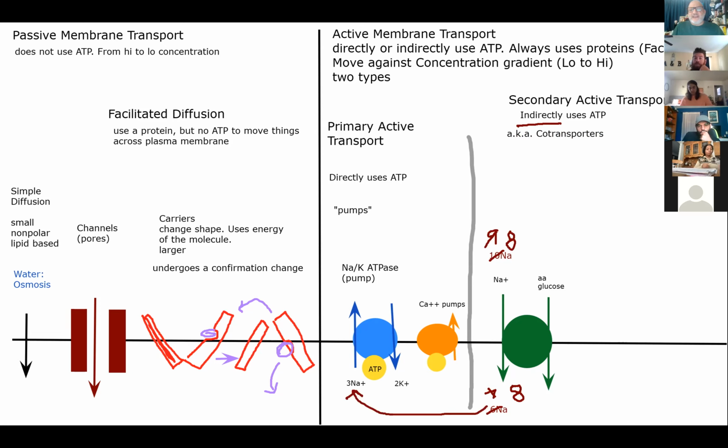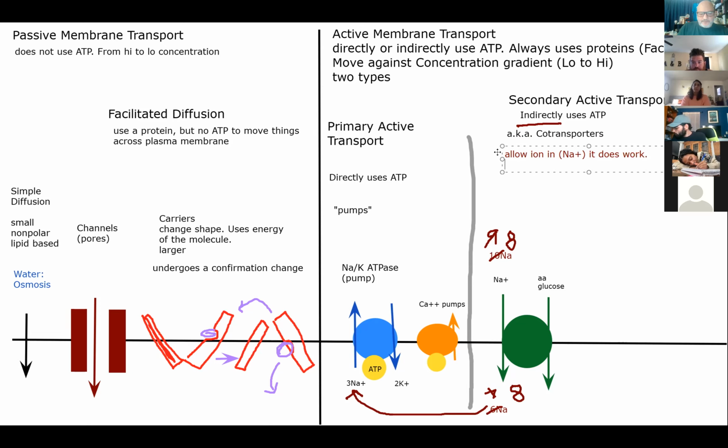Exactly. So in this key, I allow an ion in. And again, that ion is usually sodium, because as we said, sodium has a huge driving force wanting to come in. There's sometimes we use other ones, but most of our co-transporters use sodium. We allow sodium to come in. It brings something else in too. It does work.